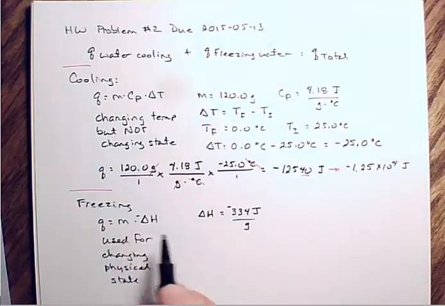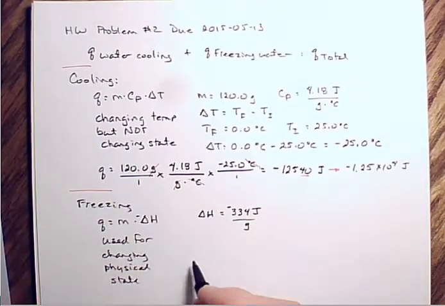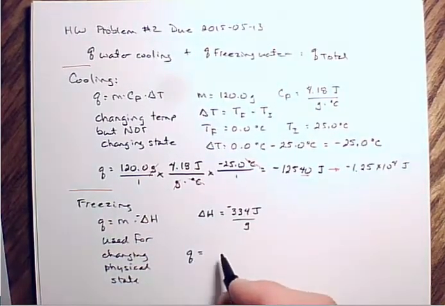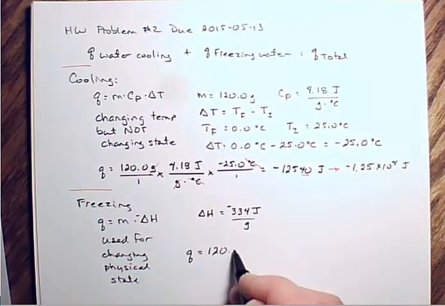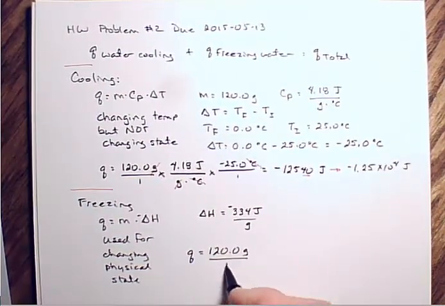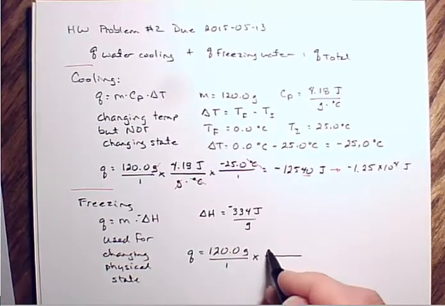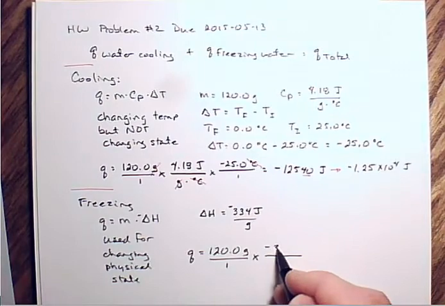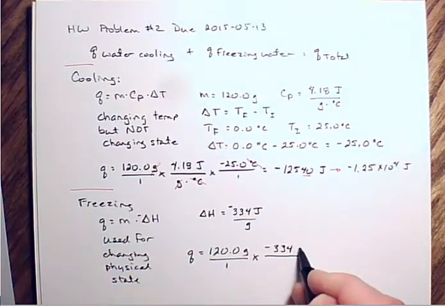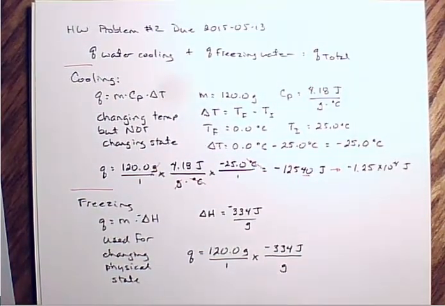All right, so we need this equation. The mass we already know, 120.0 grams. The delta H is 334 joules per gram. Grams are going to cancel.